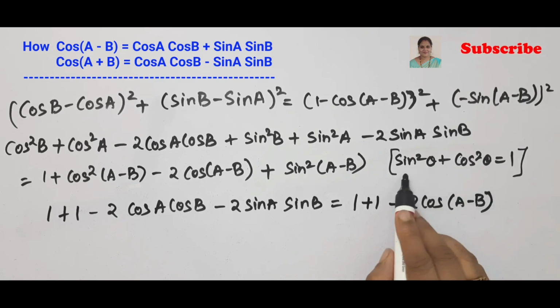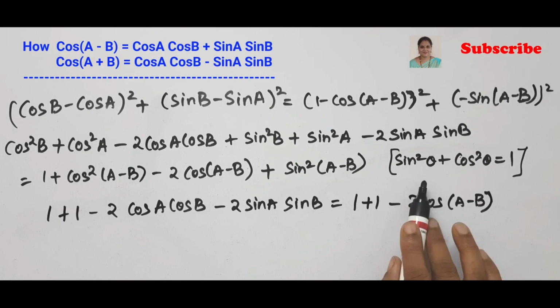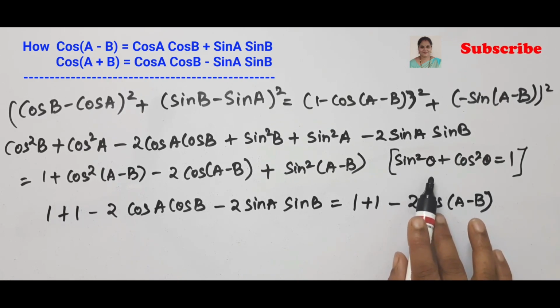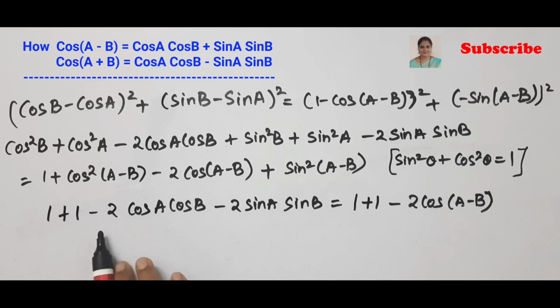In this step we have used the trigonometric identity, sin square theta plus cos square theta is equal to 1. In place of theta we have taken angle A, angle B and angle A minus B, and using this identity we got the result. 1 plus 1 is nothing but 2.